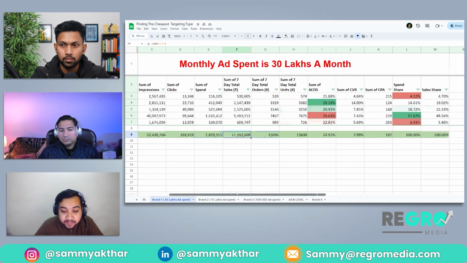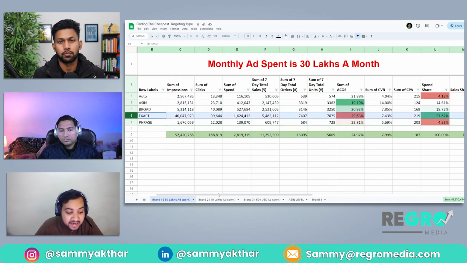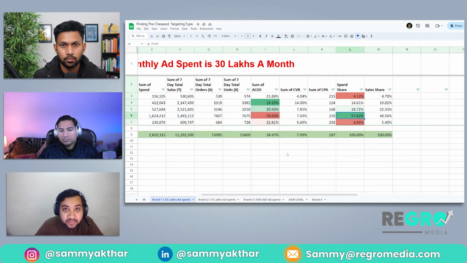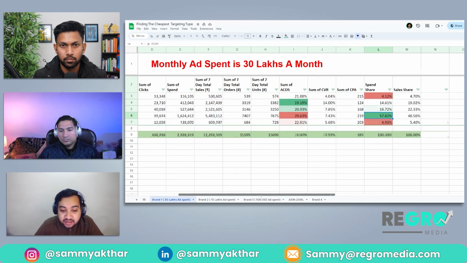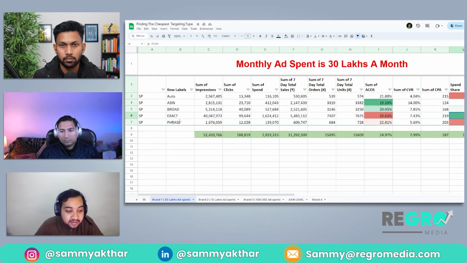Considering this, a brand having this much volume of sales should not be spending 57% of their budget on just a single match type, and that too exact match type. I feel, and it's a fact, that this brand has limited the sales channels by using these exact keywords, exact match type.